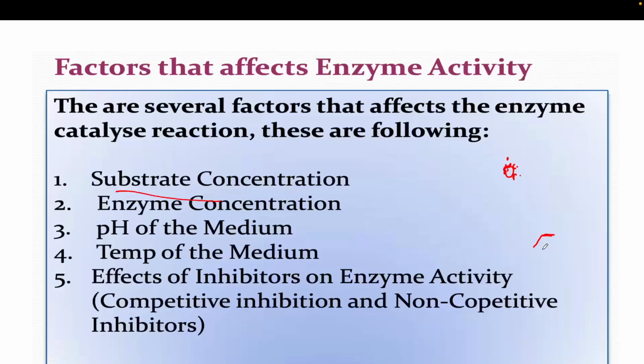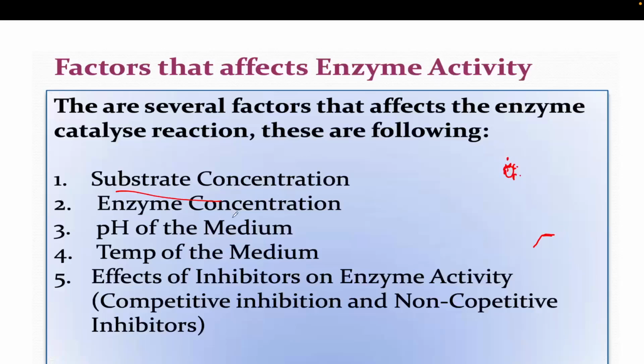So initially, when more enzyme binding sites are present, with increasing substrate concentration the enzymatic activity will increase, and after a certain time, when all the binding sites are filled with substrate, it will go into the plateau phase. That's how the substrate concentration affects the enzymatic activity.